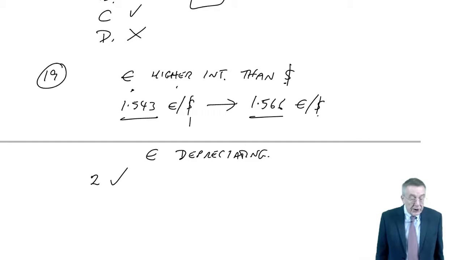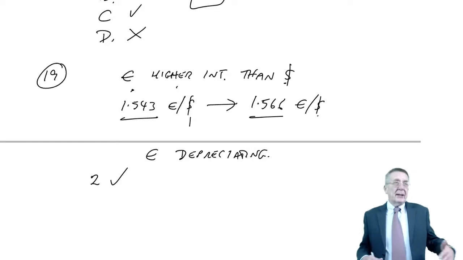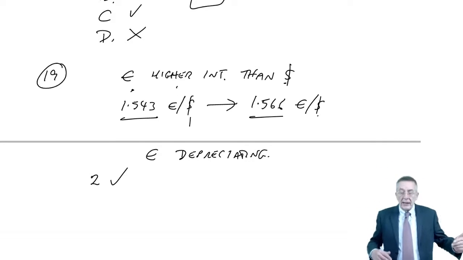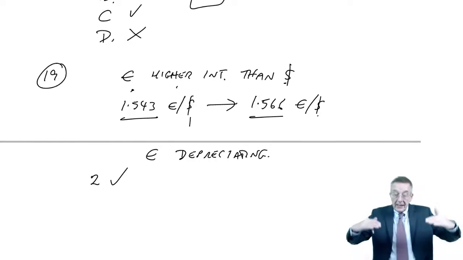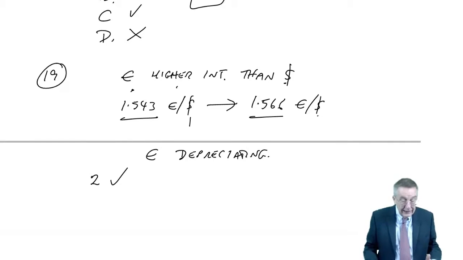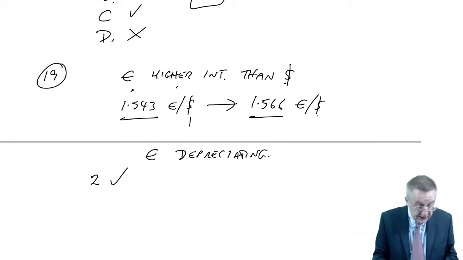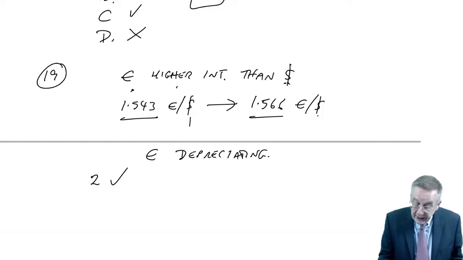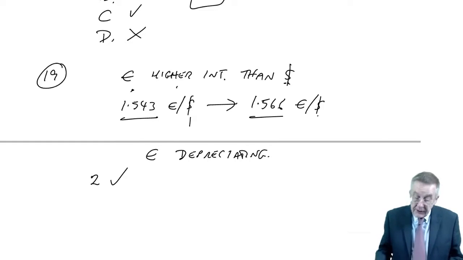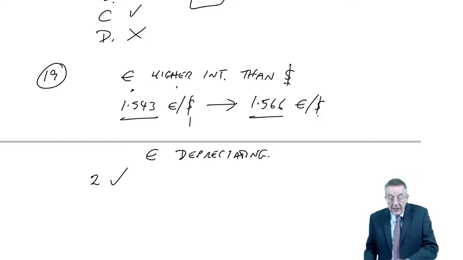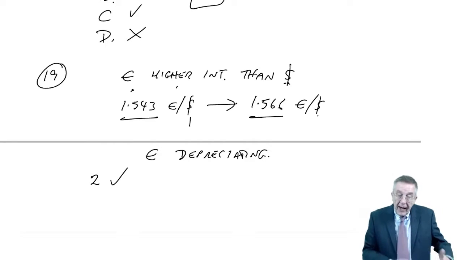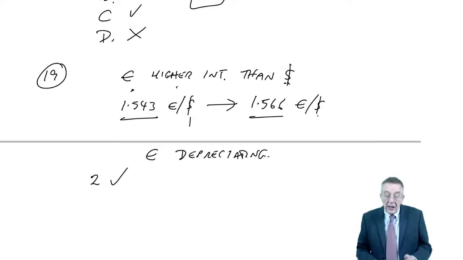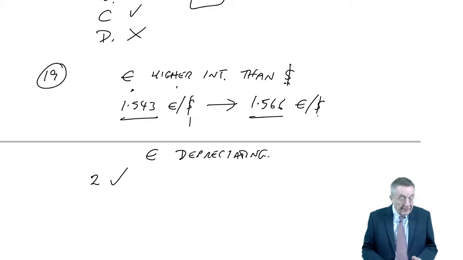What about inflation? Well, of course, I think this was something in section A, if I remember rightly. But in theory, inflation and interest rates go up and down together. And so just as the dollar having lower interest than the euro leads to depreciating, similarly, the dollar having lower inflation than the euro would lead to the euro depreciating.